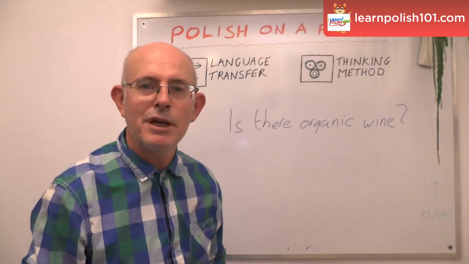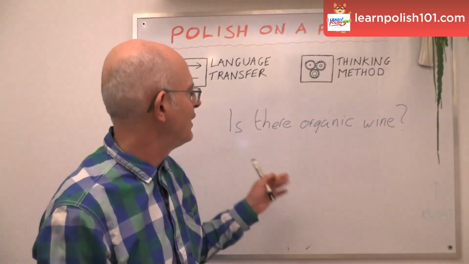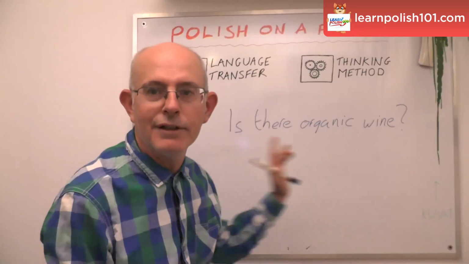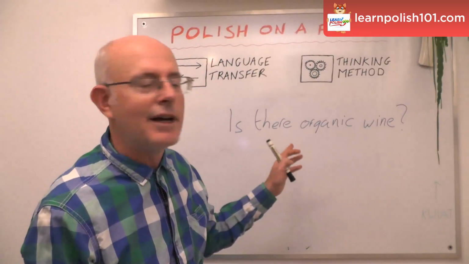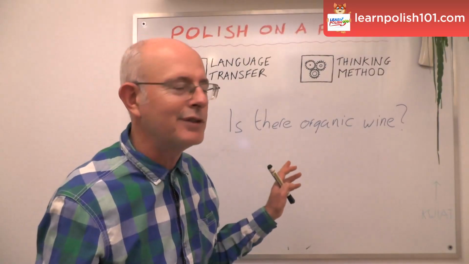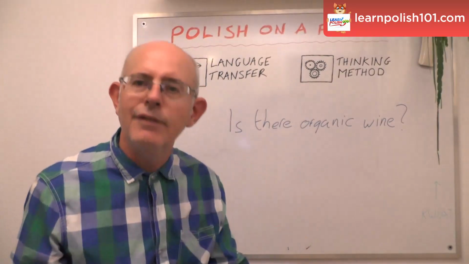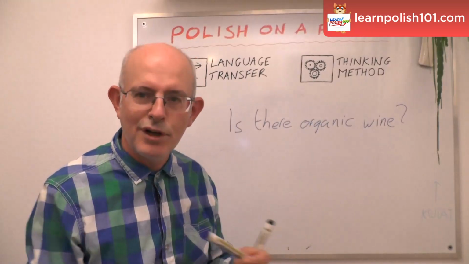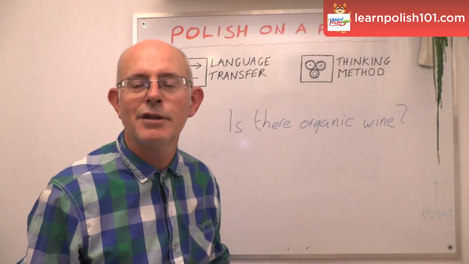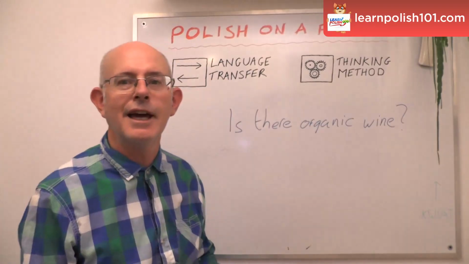So for example, you might be in a supermarket and you might want to find out if there is organic wine. Do they have organic wine? So we can ask, is there, instead of learning, which we will do soon, do you have organic wine, we ask, is there organic wine? That's our shortcut to make it easier for us to communicate at this early stage in the game.